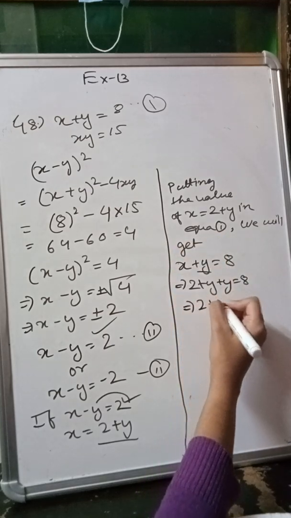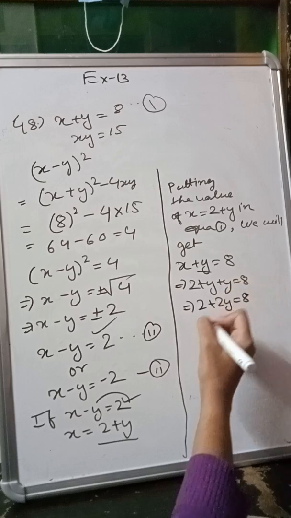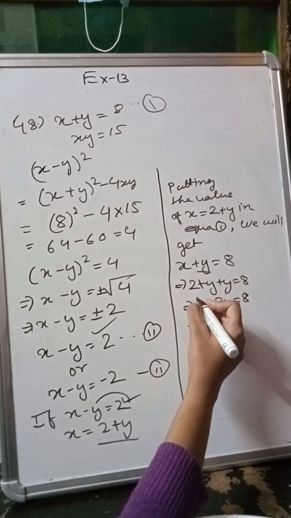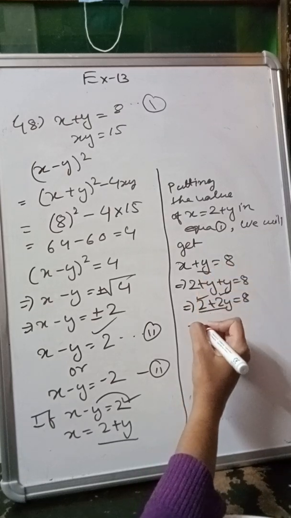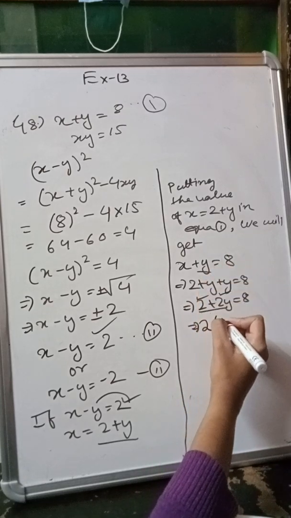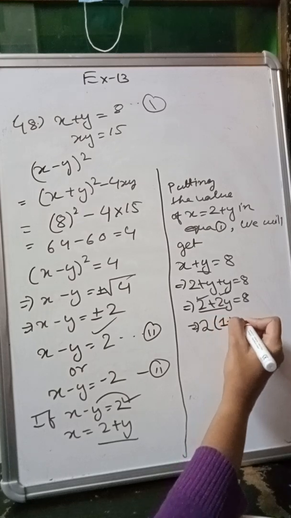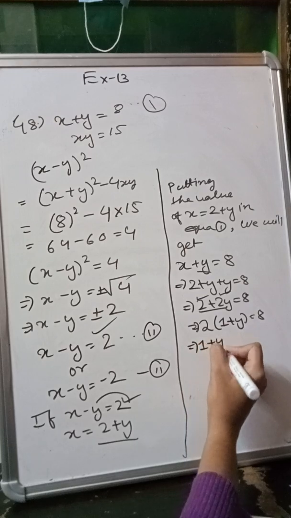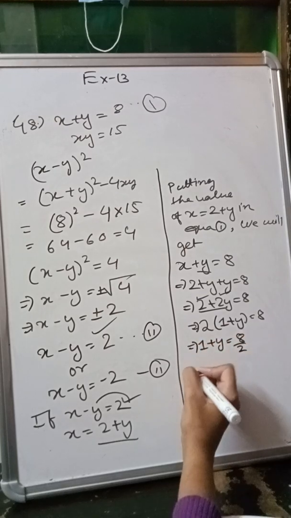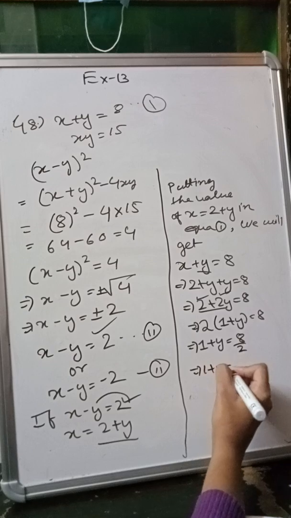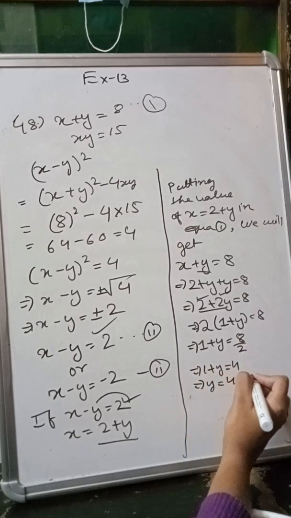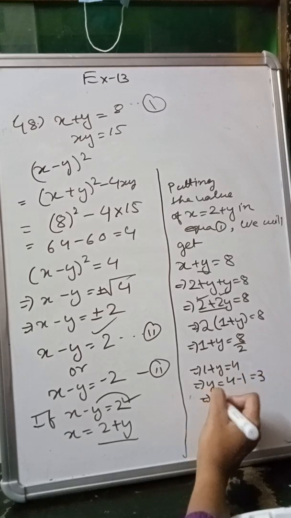So this is 2 plus 2y equals 8. Both terms have 2 in them, so we can take 2 common. So 1 plus y equals 8 by 2, which is 1 plus y equals 4. So y equals 4 minus 1, that is 3. So we have got y equals 3.